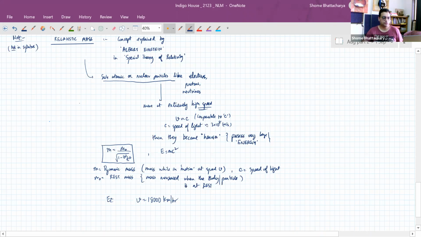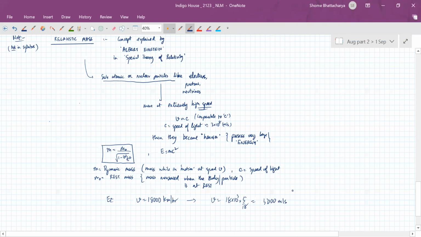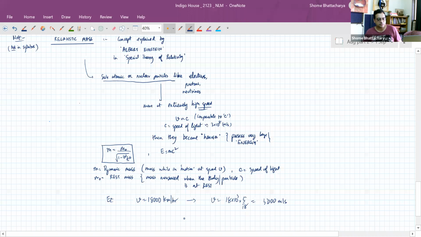We don't really see that very commonly. But let's see in meters per second how much this is. So that's 5,000 meters per second. Following so far, Ishita beta? Yes, sir.